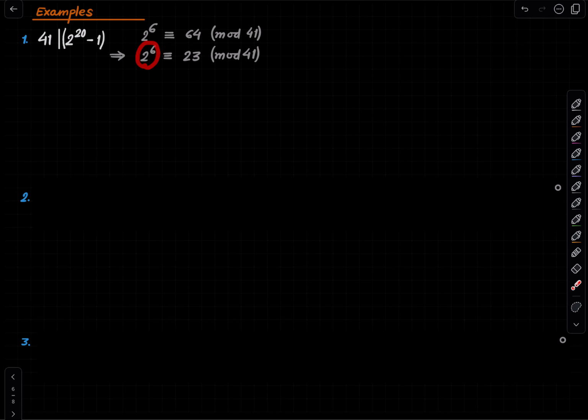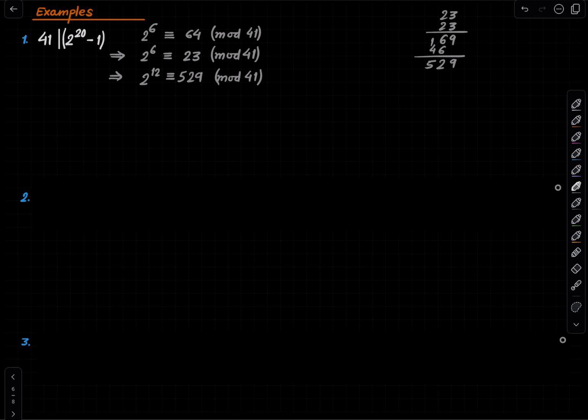Let's square both sides. As we saw, we can square both sides. So this says that 2 to the power 12 is congruent to 23 square modulo 41. And we need to compute 23 square. So 23 square is 529. So instead of 23 square, I'll write 529.